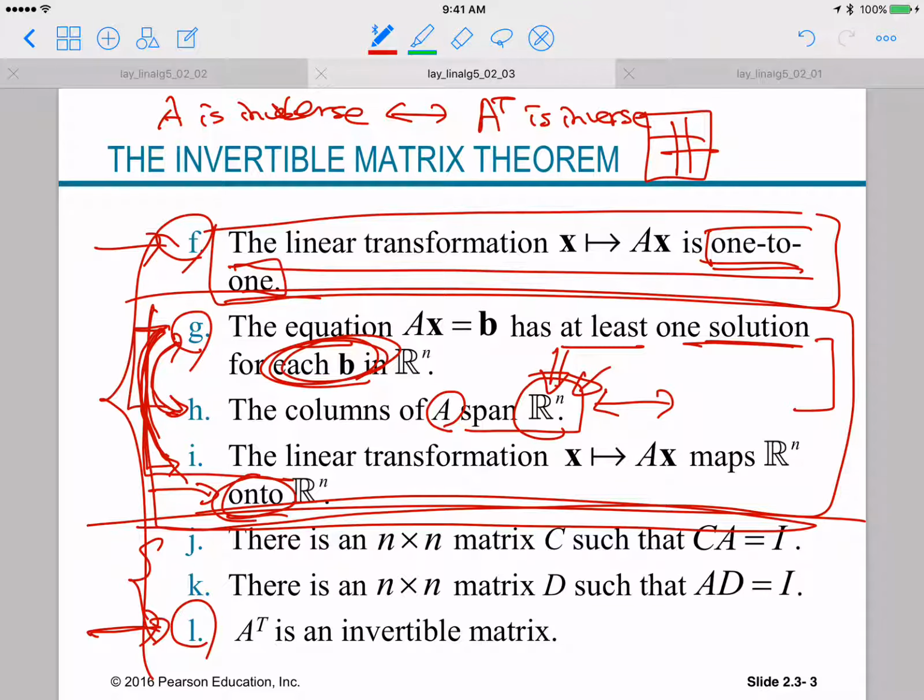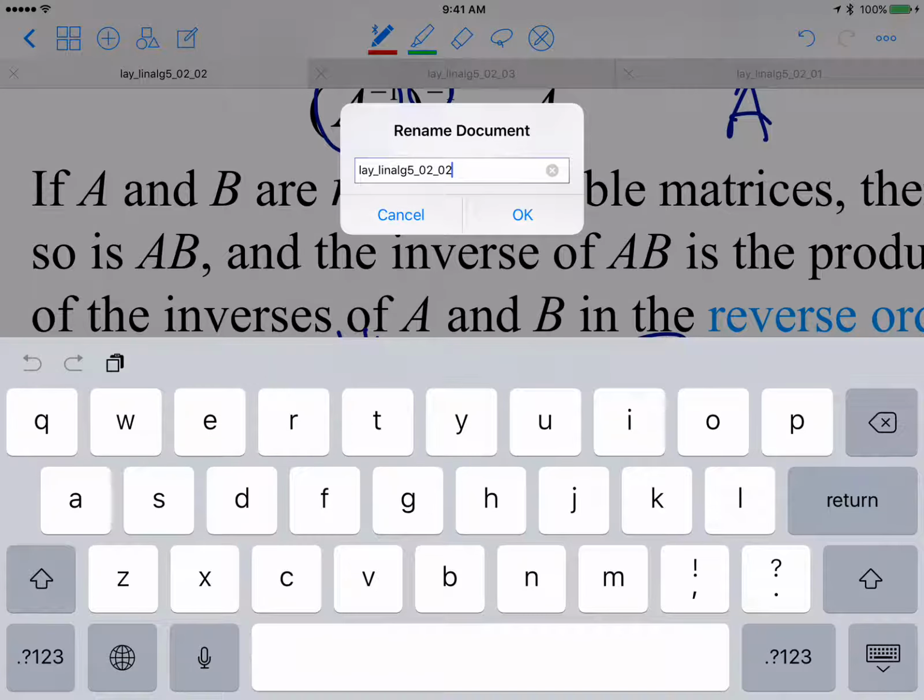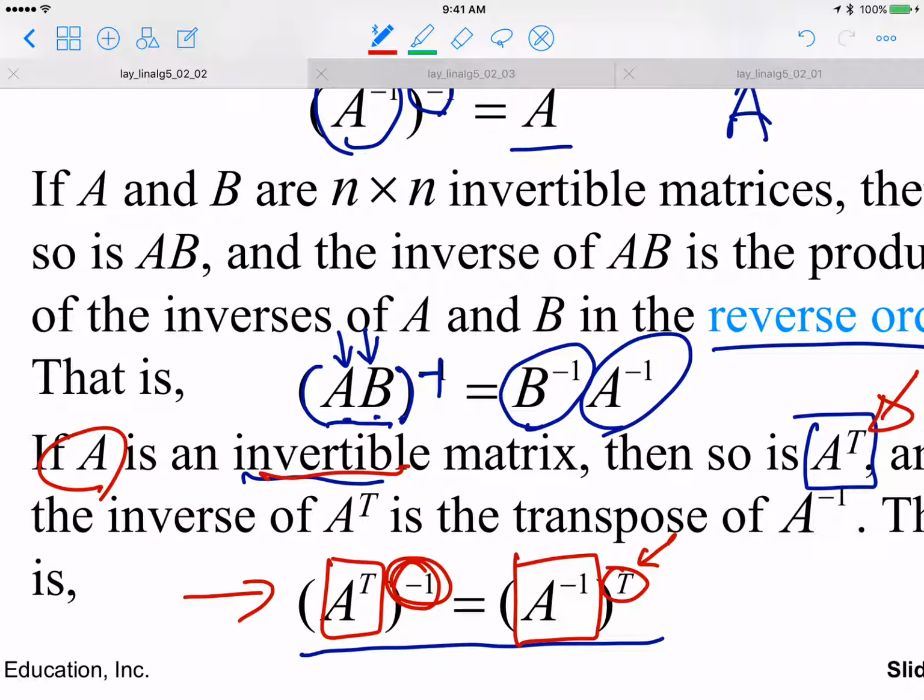So if A is invertible, then you guys know A transpose is also invertible, right? Because the inverse of A transpose is represented as this expression, right? So from this, we can definitely say that the inverse of A transpose exists, and that inverse has this form.